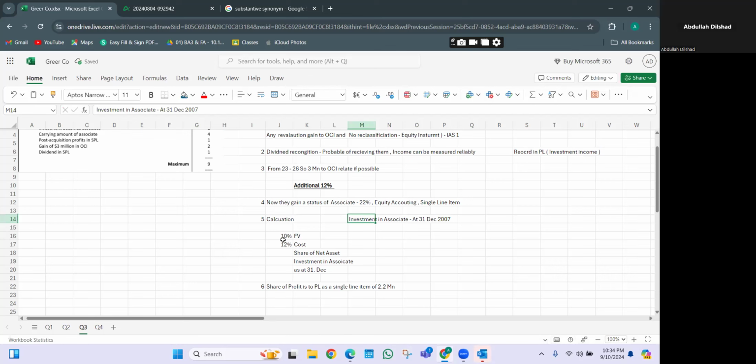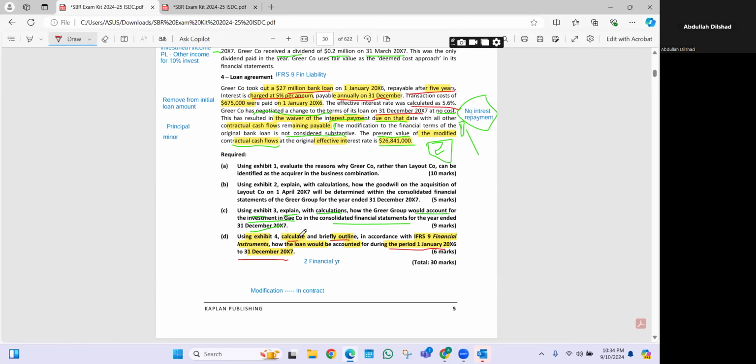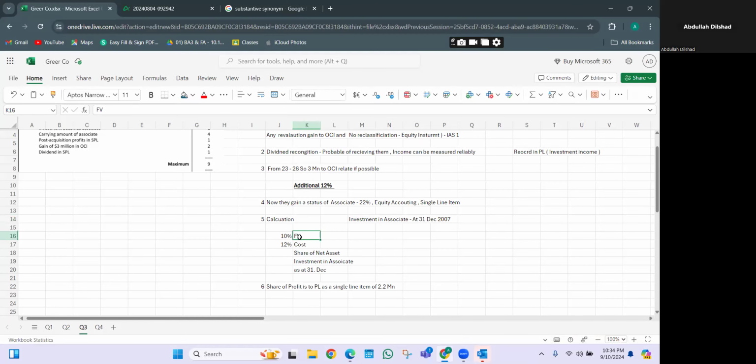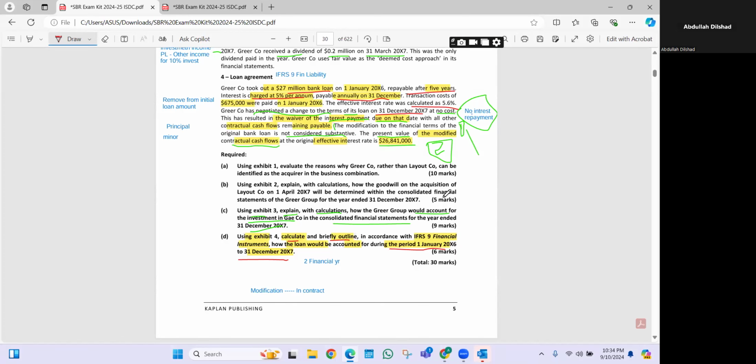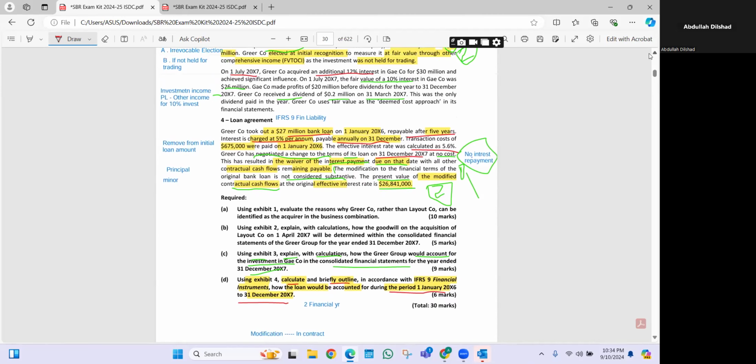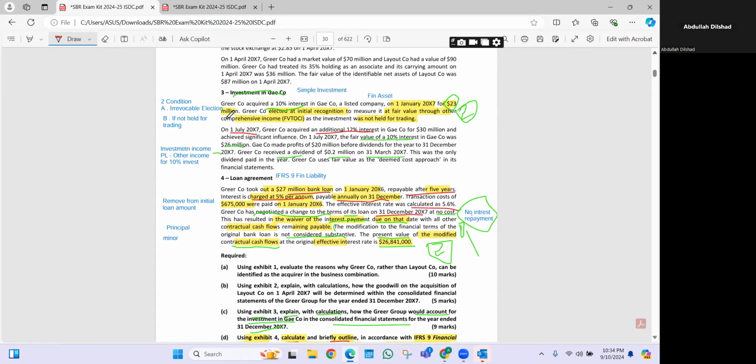You all know that if I need to show this, all the values must be in fair value. That's the first rule. Rule one: all must be in fair value. So how much was the fair value of the 10% at the date of acquisition, which is 1st July?